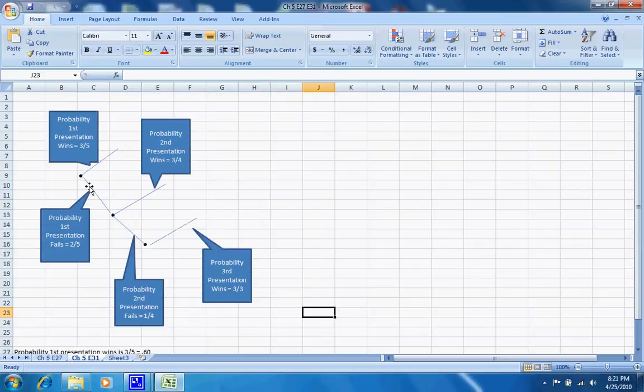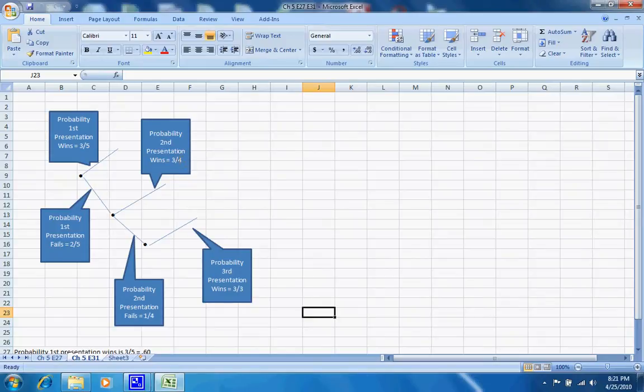Okay. Now the second presentation, it has a couple of options, right? If the first one fails, then the second presentation could win, and the probability of the second presentation winning would be 3/4, because now the first presentation they presented to a board member, and if that didn't happen to be one of the strong ones, there's only 4 board members remaining, and so they still have three good ones out of 4.